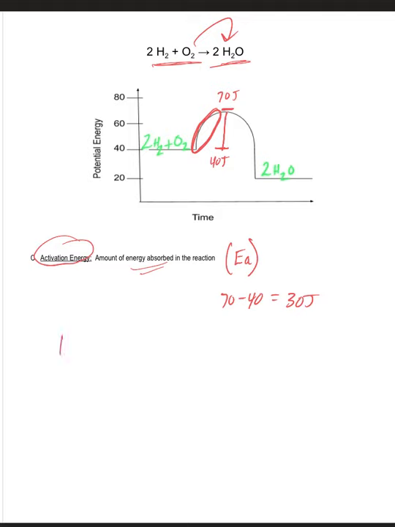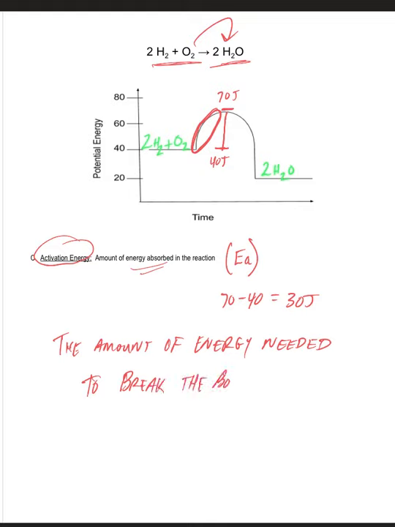So underneath here, I'm going to say the amount of energy required or needed to break the bonds of the reactants. So it's how much energy is needed or required to break the bonds of the reactants so that they can eventually form products. And for this particular example, it would be 30 joules.